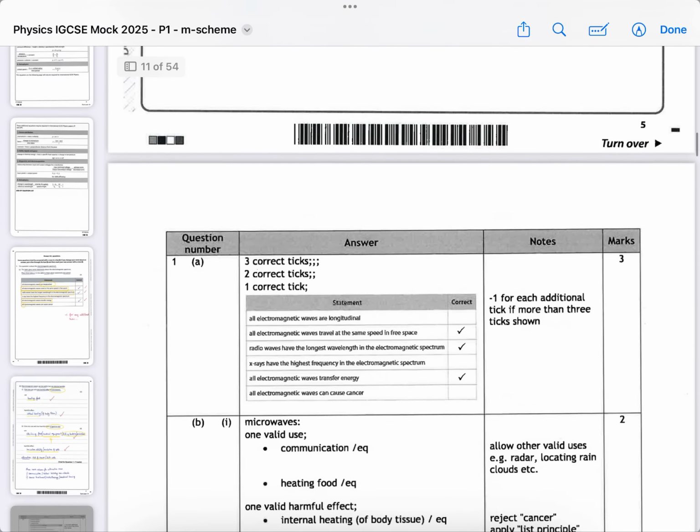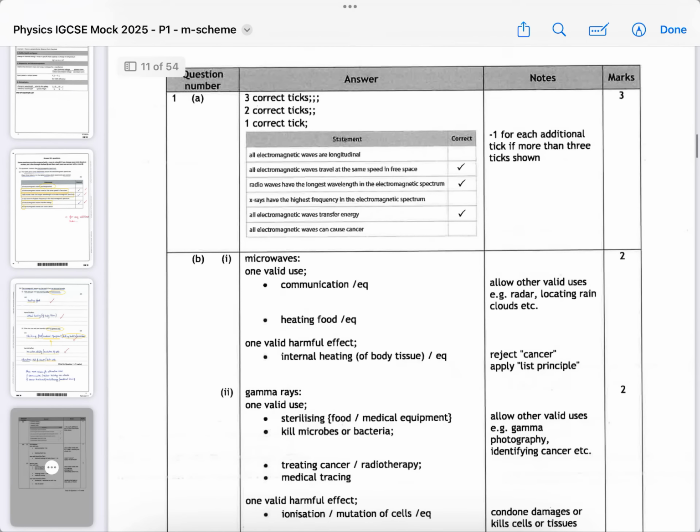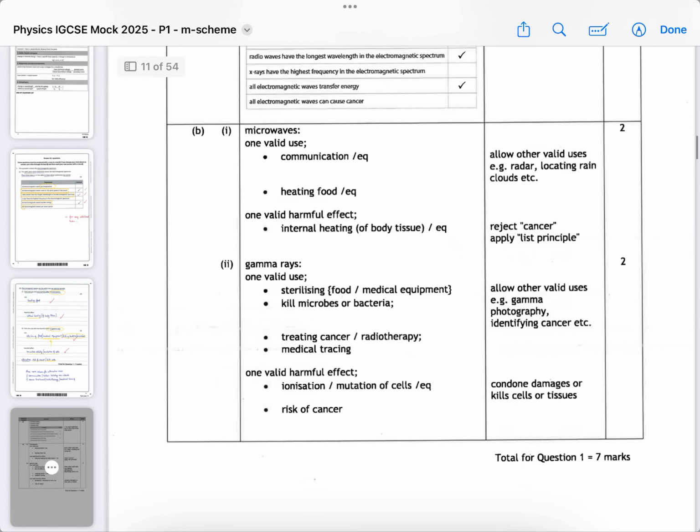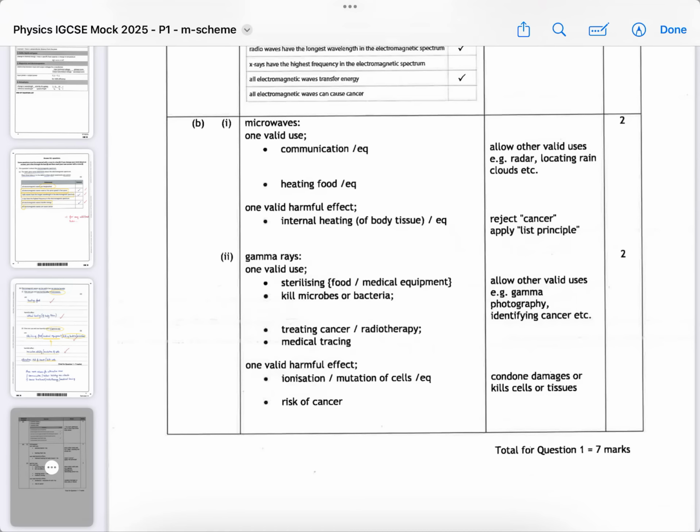Okay, so here is the mark scheme. The first bit is the tick boxes from the first page, and then the valid uses and valid harmful effects, and you can see the notes that they put in the second column, so you can stop the video and have a look and see if what you've written has been included.